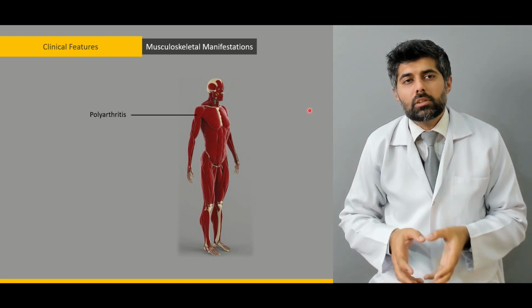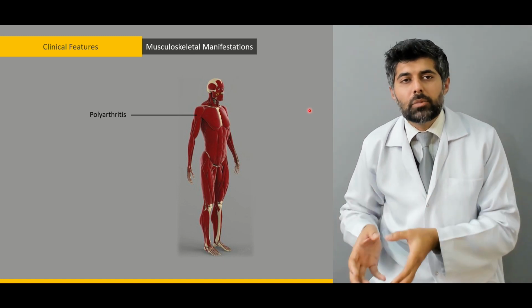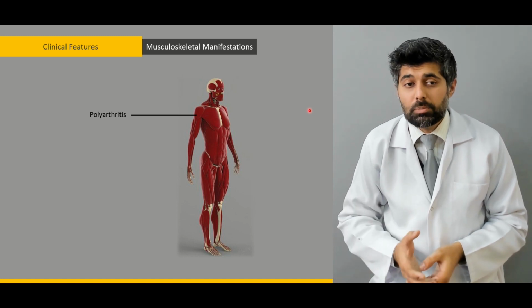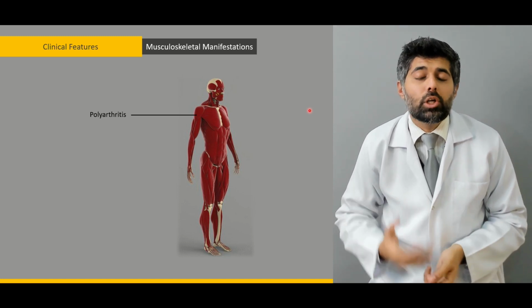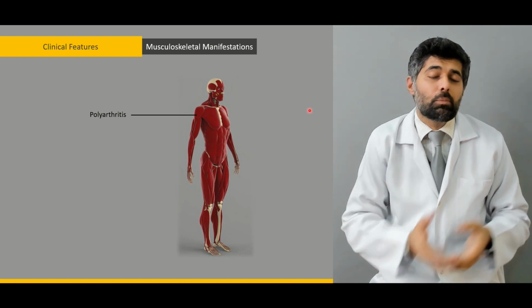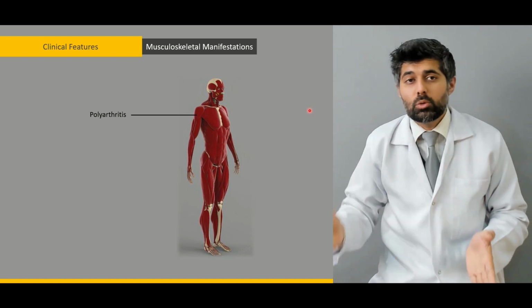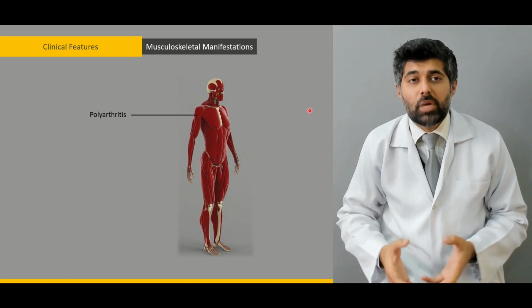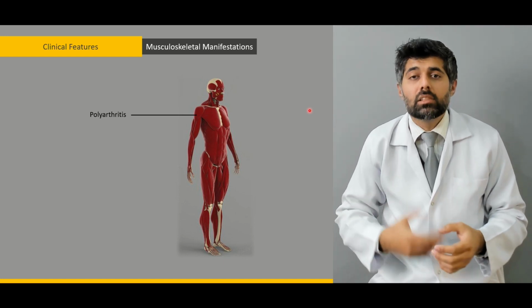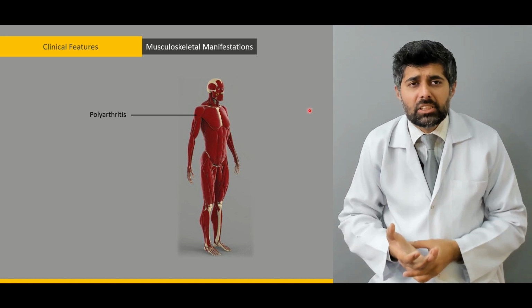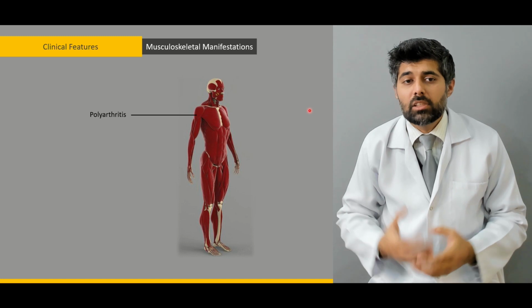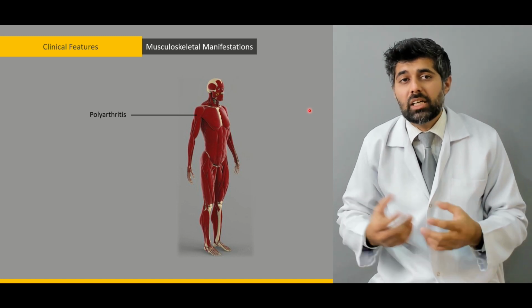The first symptom that is manifested in a patient with such presentations is polyarthritis, which can be both mild to disabling, and this results in the inflammation of hands, fingers, wrists, knees. These are the usual areas where the polyarthritis attacks.